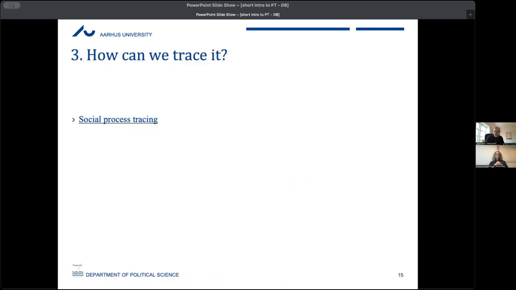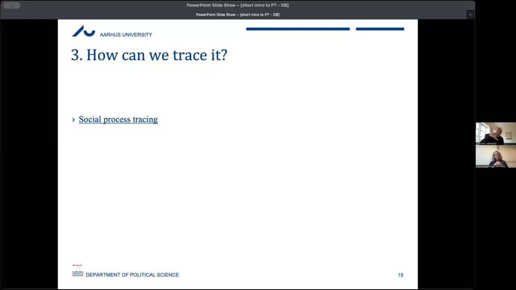In social process tracing, what we're trying to do is take this a step further in some respects, because the interpretivist would, if we're talking about action, say that we also have to understand the meanings behind actions. So it's not just that an activity took place.